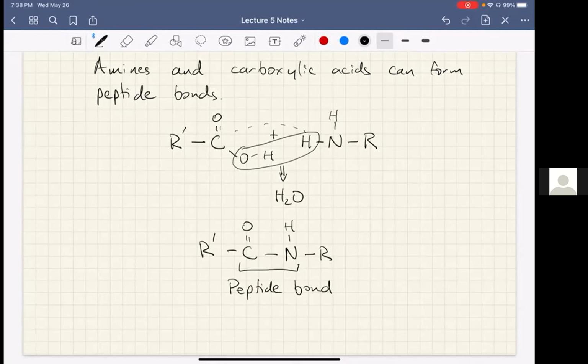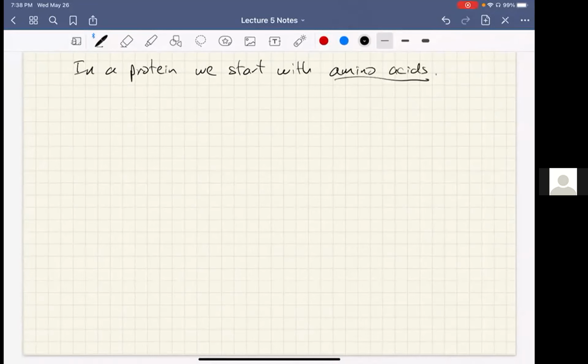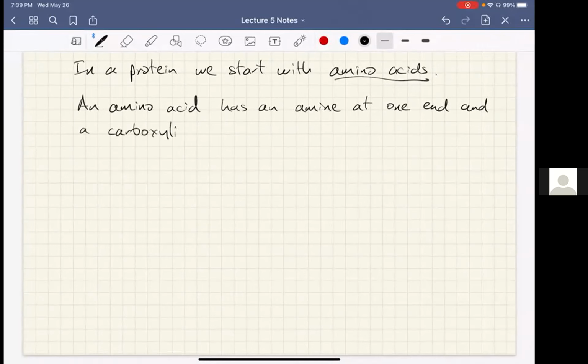Well, in a protein, we start with amino acids. And as the name suggests, an amino acid has an amine at one end and a carboxylic acid at the other.